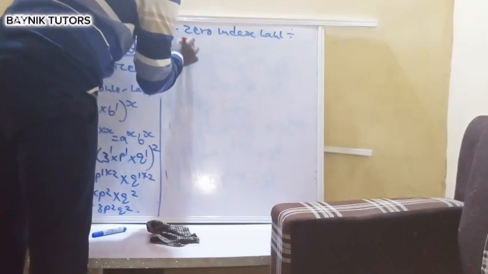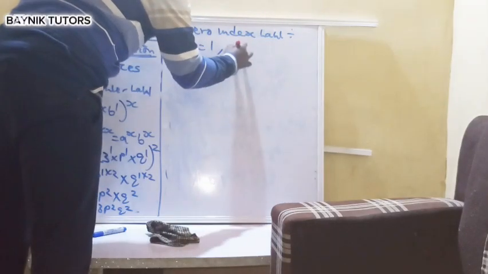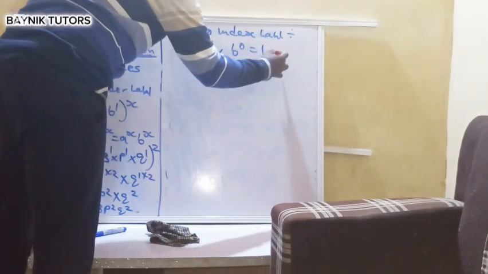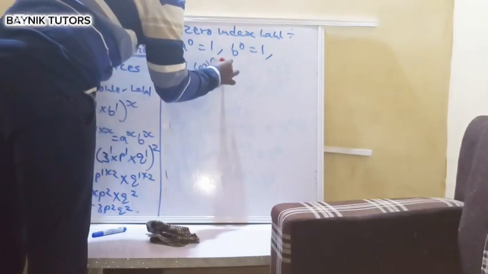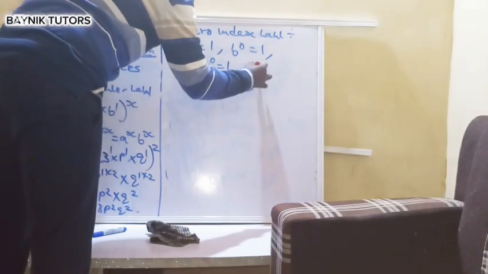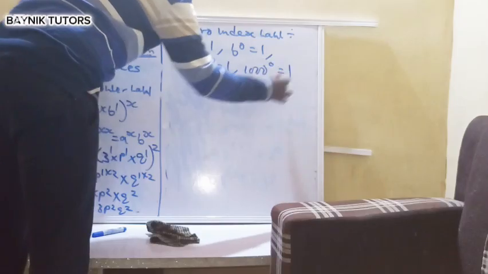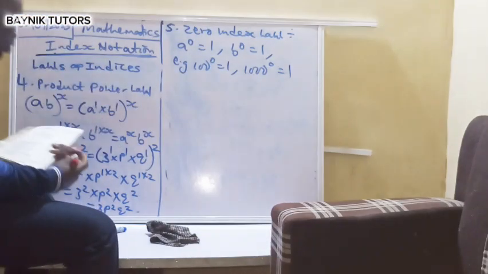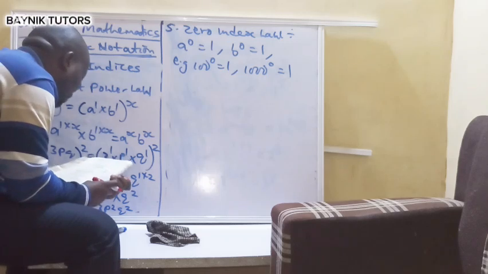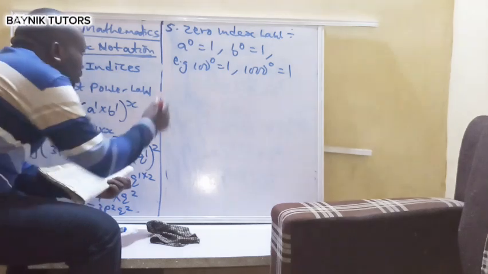It says a raised to zero is one, b raised to zero is one. For example, 100 raised to zero will still be one. 1,000 raised to power 0 will still be 1. So the law says that anything raised to power 0 is always equal to 1. So that's that for the zero index law.